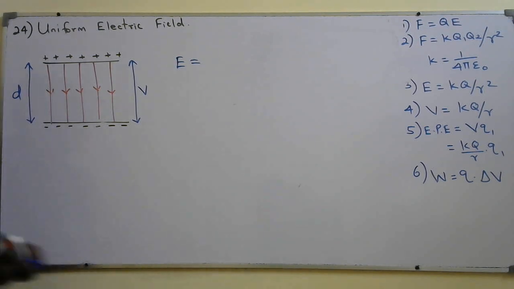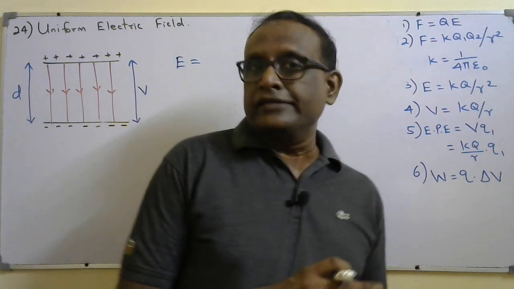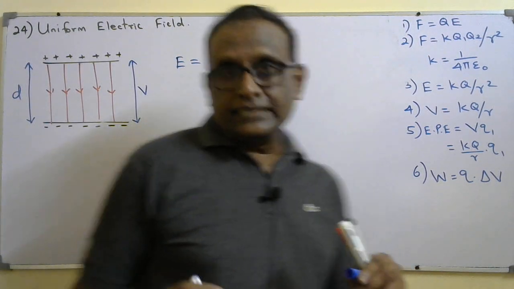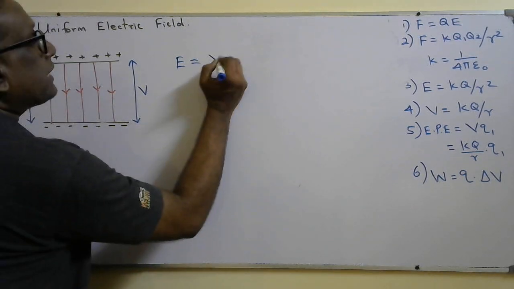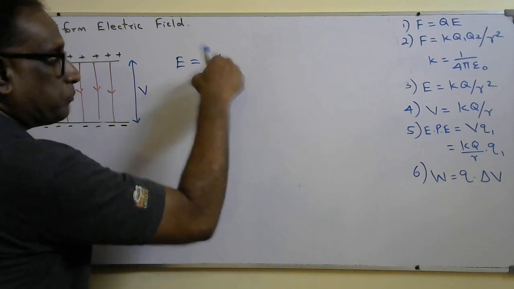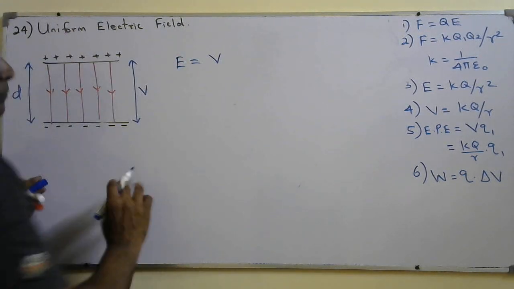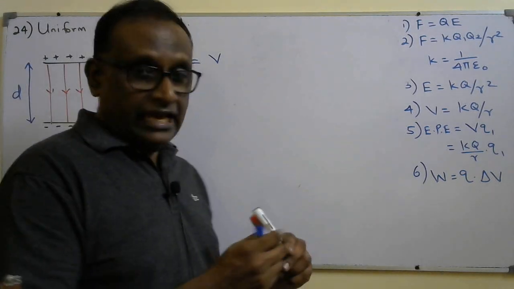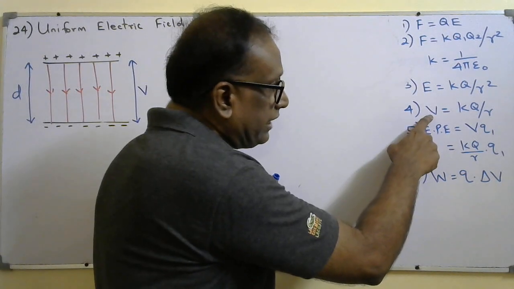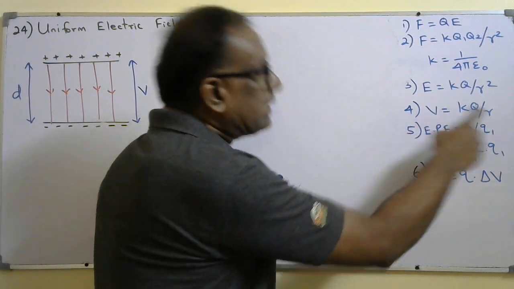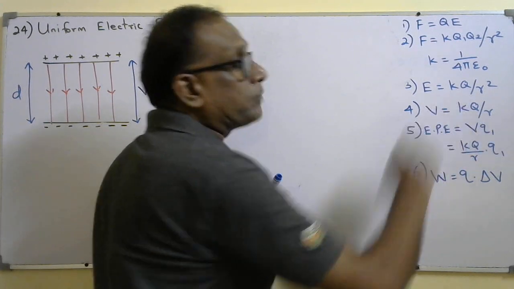The potential gradient, again I am going to use, but I am not going to derive it. The potential gradient is equal to potential difference, where V is the potential difference between the plates, not the potential. Careful. In the earlier equation, V indicates the potential at a point at distance r from the point charge.